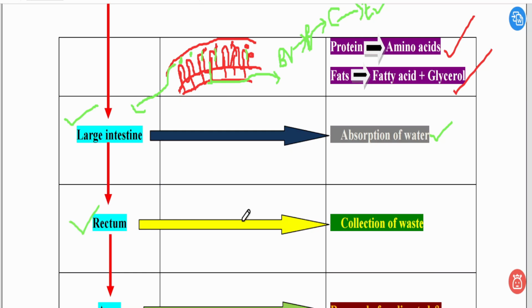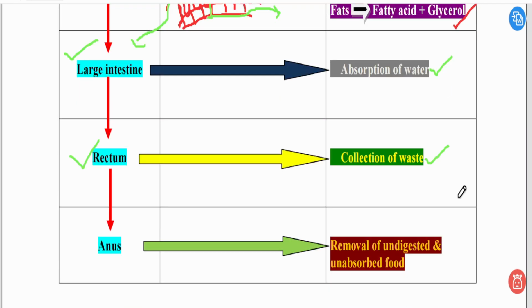What happens in the rectum is temporary collection of the waste material. Now it becomes waste material, and this waste will be collected on a temporary basis, and as and when we feel the urge to let the waste material out of the body, it will be moved through the anus to the outer environment.